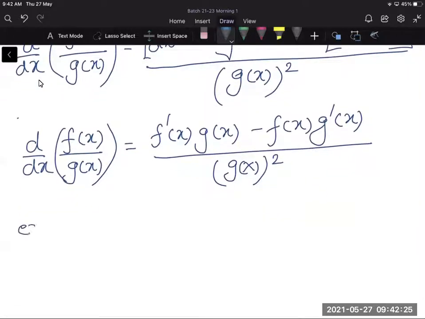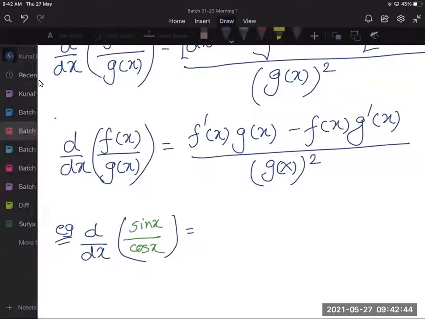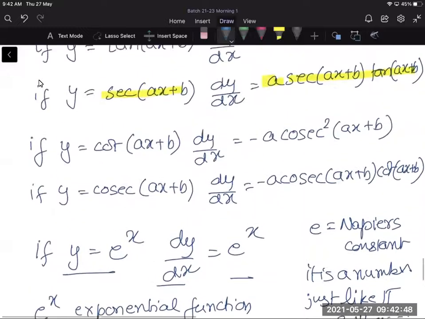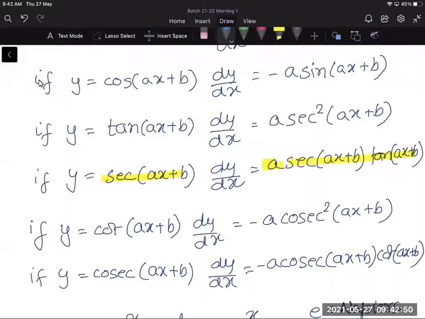Let me give you an example. d by dx of sin x upon cosine x. Now we already know the answer to this. We already know that d by dx of tan x is equal to sec square x.